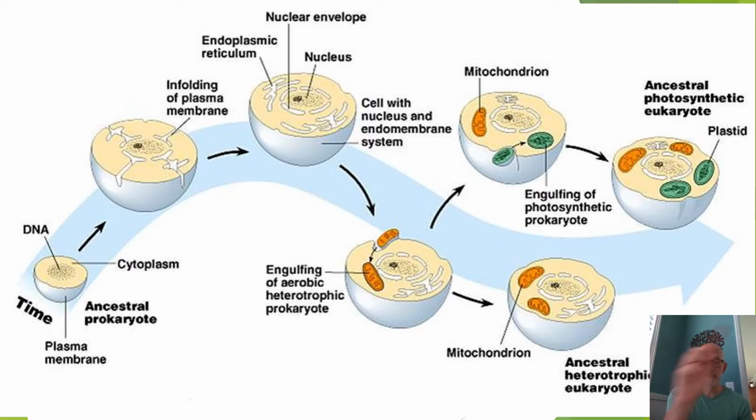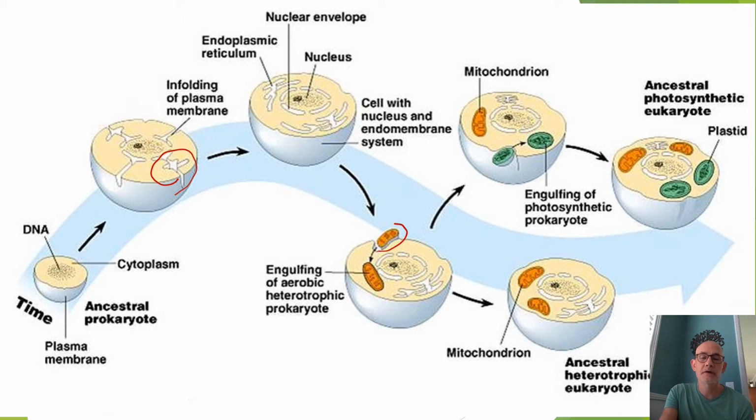Okay, so this picture. Here is your ancestral prokaryote, and here you can see these infoldings of the cell membrane, which eventually form around the nucleus and then form the endoplasmic reticulum. They get into having specialized functions, which gives a selective advantage. Then you have the incorporation of the mitochondria.